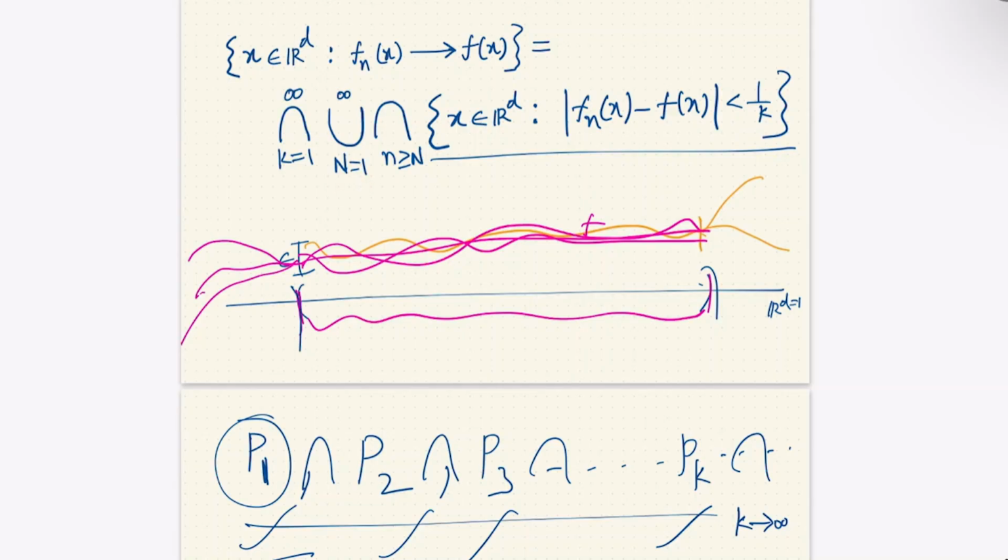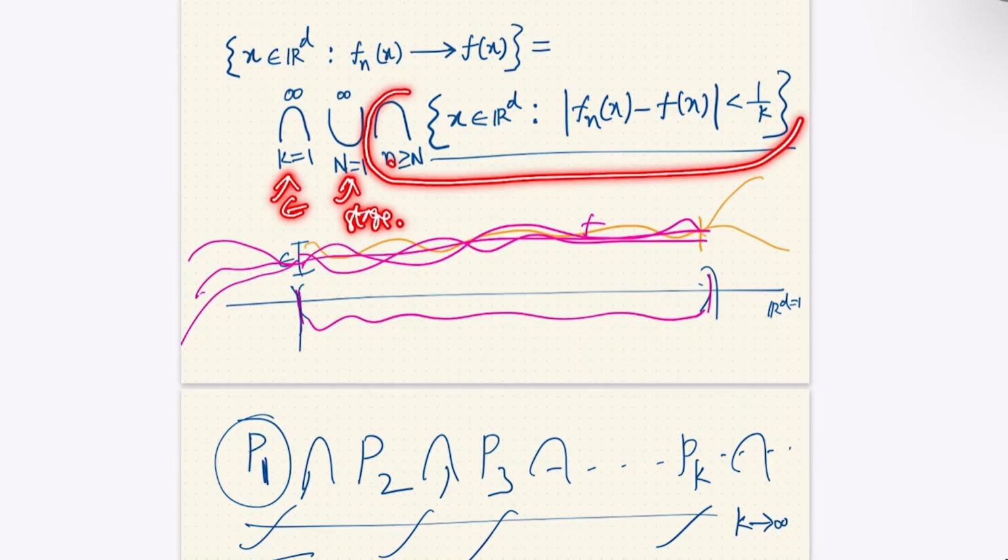If you choose the stage equal to 1, and the intersection of all points after this number, and as n goes to infinity the stage is also extending, and for a particular choice of k and a particular choice of the stage, you are choosing the epsilon and the stage, and then you are intersecting all these points after a certain stage n.